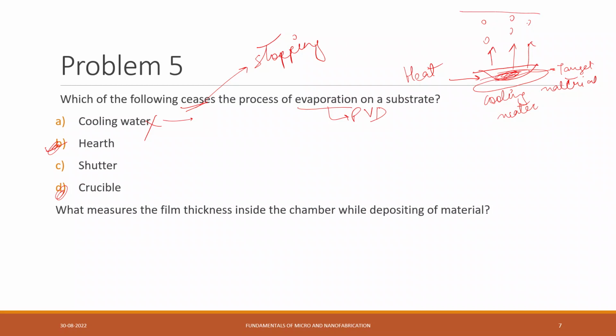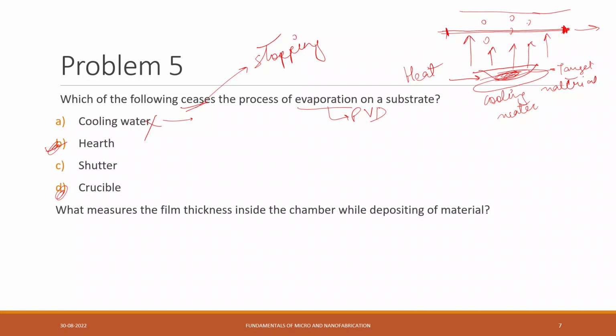The main thing is the shutter. The shutter is a physical barrier that blocks the vapors. Whenever you feel, okay, I want to stop, the shutter enters in between the path, so the vapors will not reach the substrate.